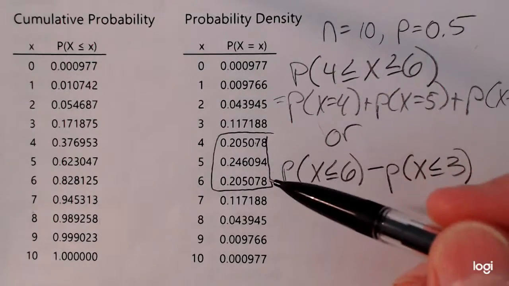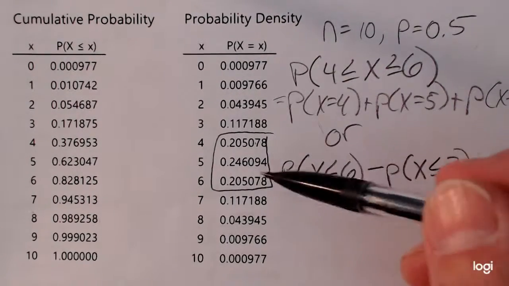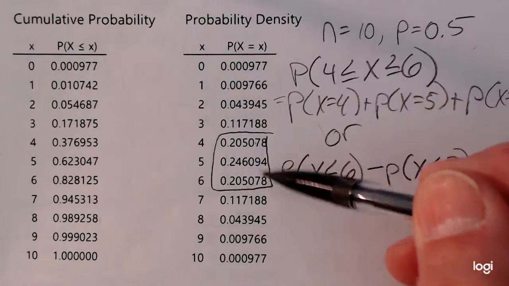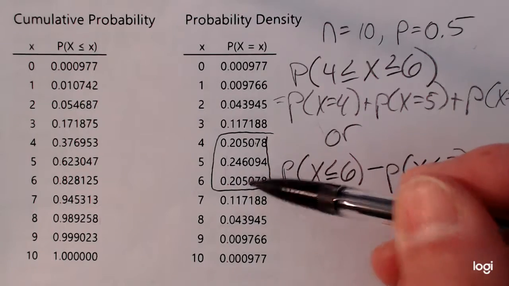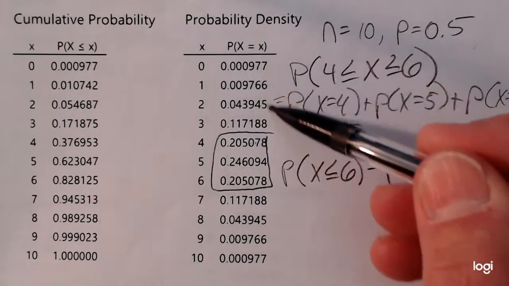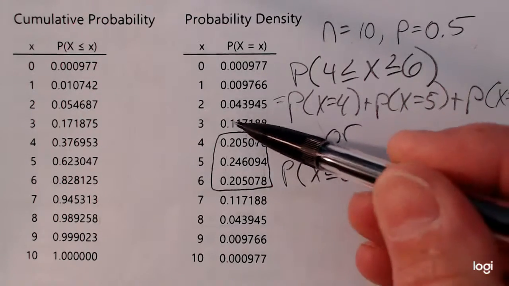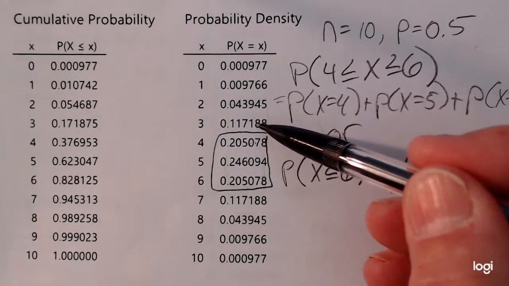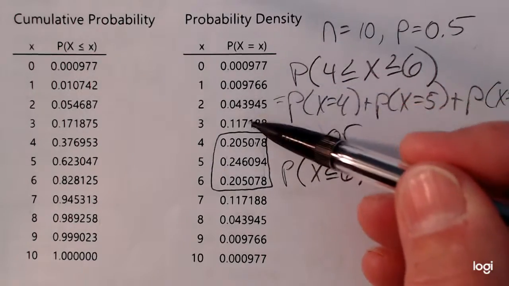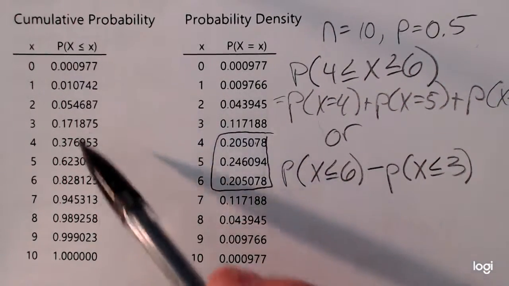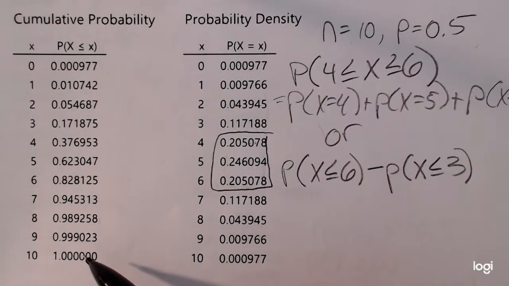The reason why that's the case is because this summation of these probabilities from 4 through 6 inclusive is equal to the sum of all of the probabilities up through 6, subtracting out the probabilities we don't want. So that would be the sum from 0 through 3. So we could use the cumulative probability table to answer that.